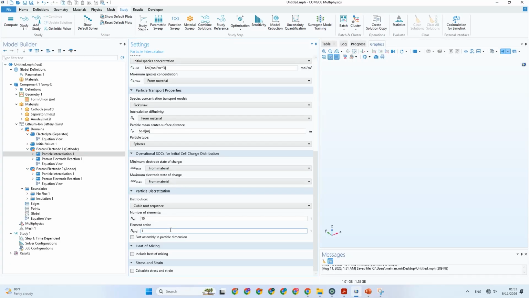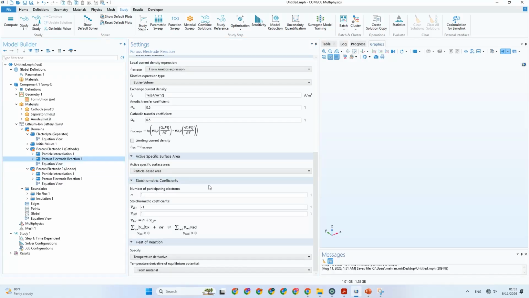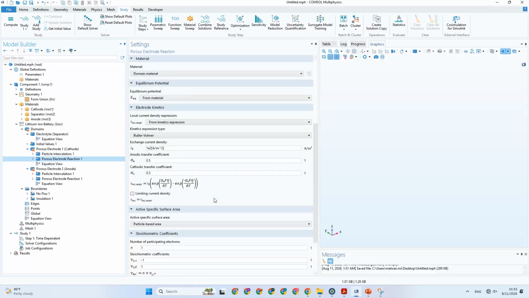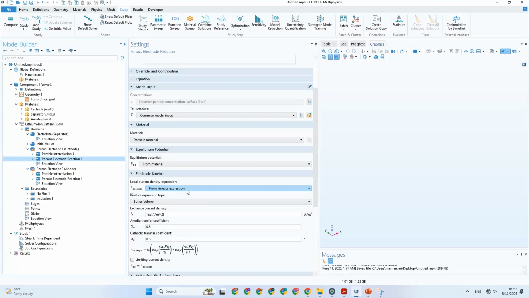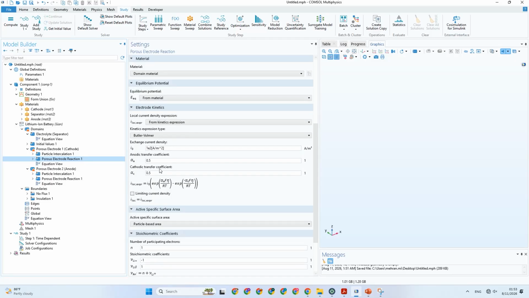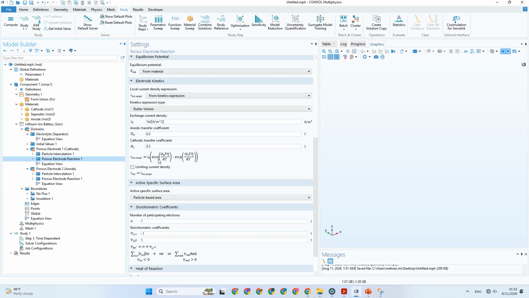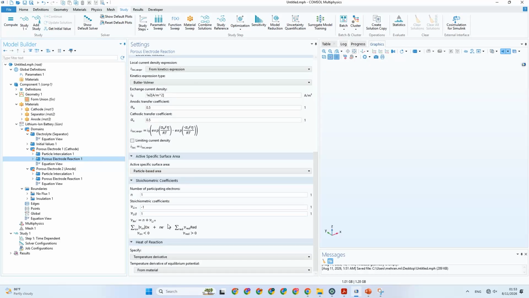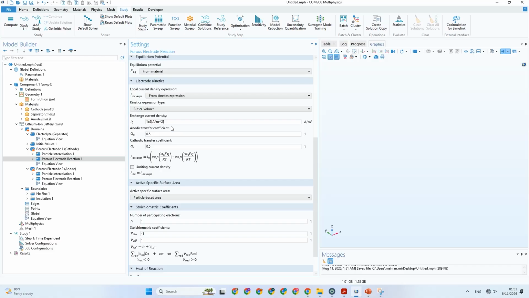We have, let me check porous reaction. Here we have exchange current density, anodic transfer coefficient, okay. So this must be Butler-Volmer, which is so weird.